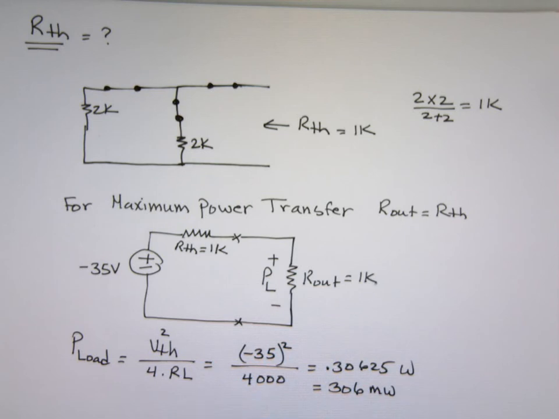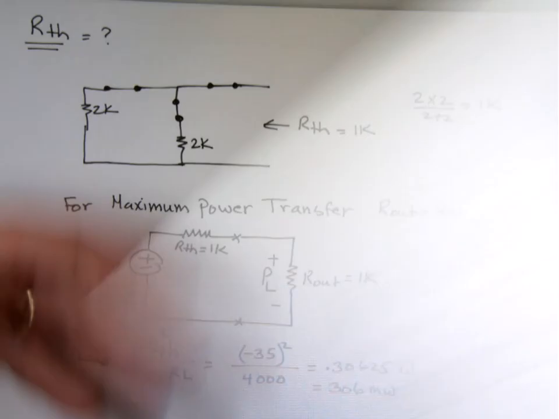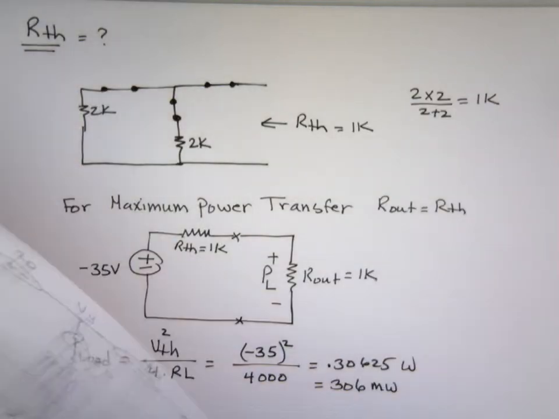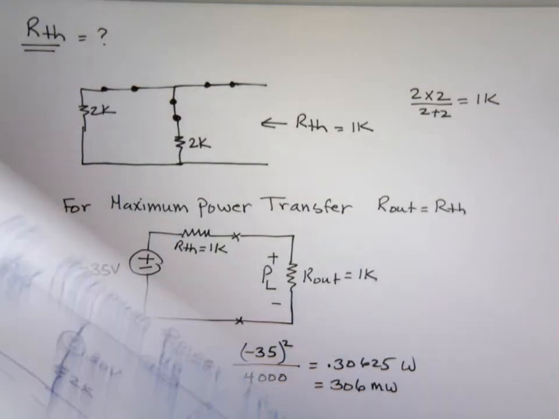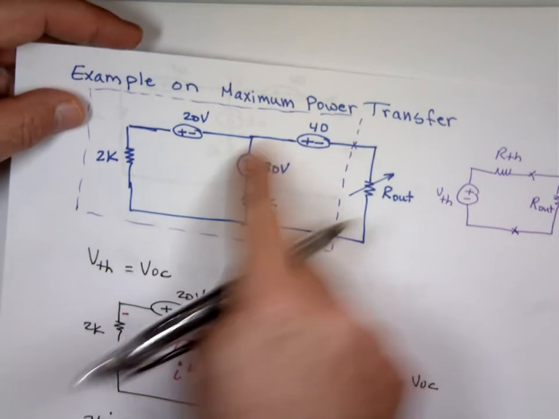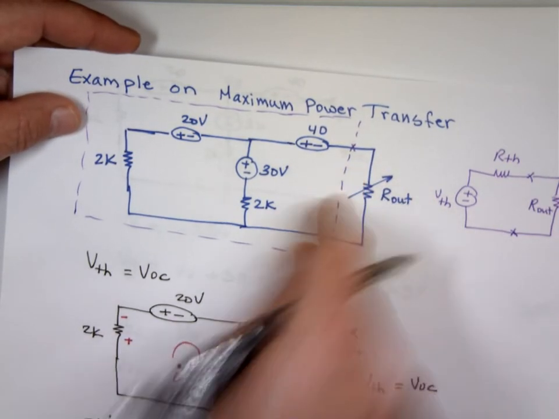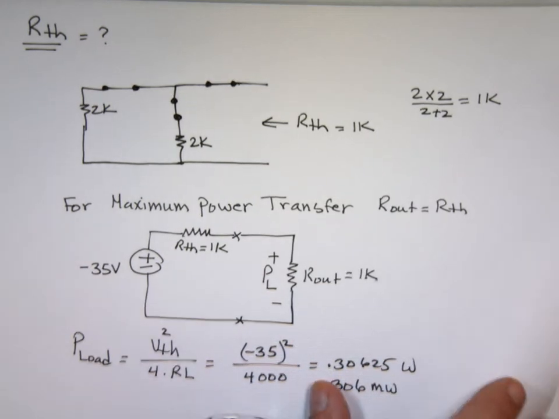Now, the second part. What will happen if we go back to that circuit and make the original circuit, where it says, how much power is delivered to this if we make this 3K? So let's look at that part.